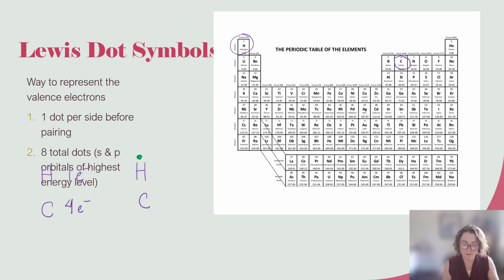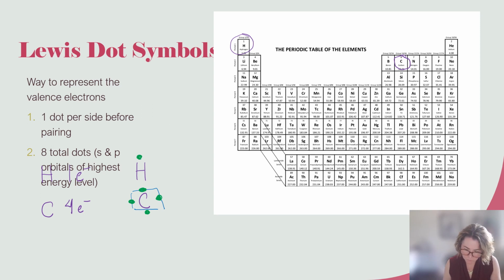So I want you to think about this almost like it's a box. Like I have a box around the outside of my symbol. And I'm going to add my dots, and I want to spread them out, right? So I want to do 1 dot per side, unless I don't have a choice and I have to go back and pair them up. But there are 4 sides, so I can represent that Lewis structure with 4 dots around the carbon.